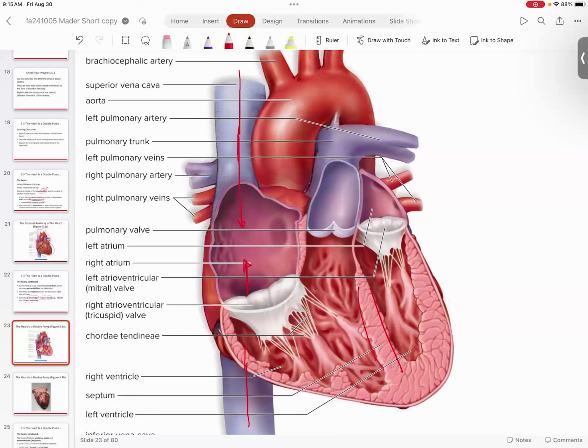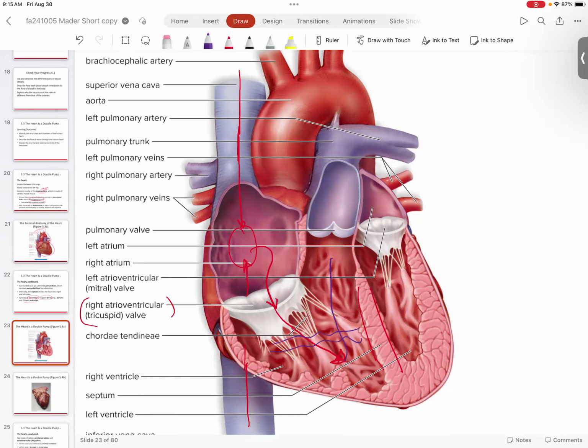Then the atria will contract, and as the blood pools, it'll push the blood through this first valve, which is called the right atrioventricular valve, or the tricuspid valve. It'll go through this valve into the right ventricle. I'm going to switch to purple because now I'm on a red background. Once the blood is in the right ventricle, the ventricles will contract and the blood will move forward.